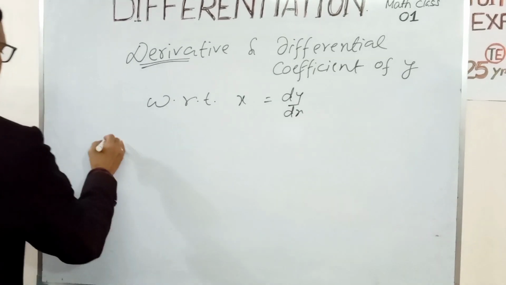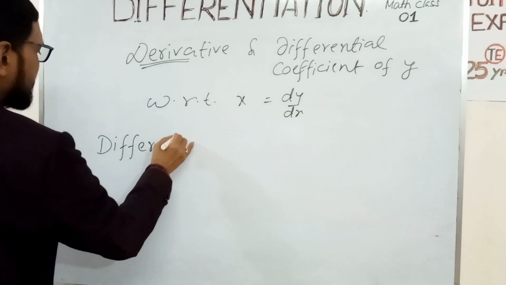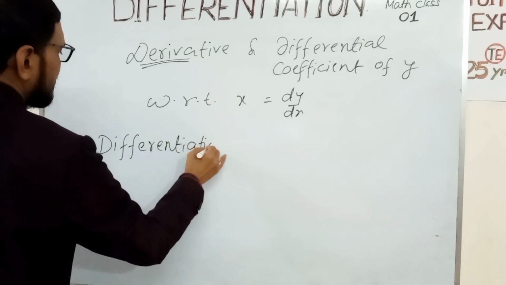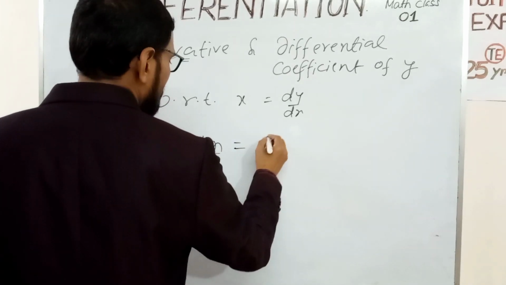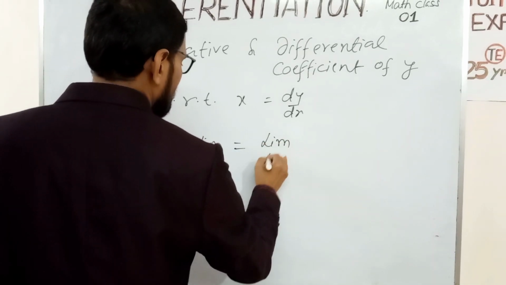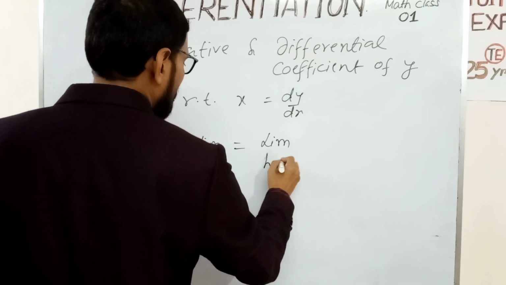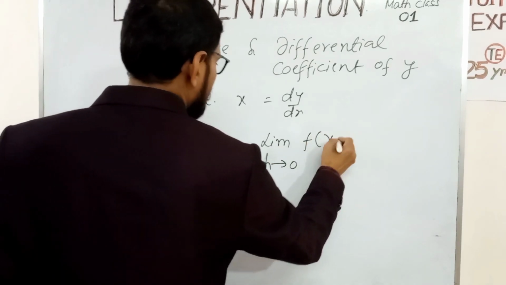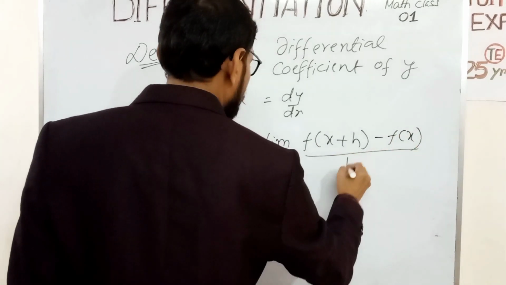Now what is the differentiation? What is the meaning of differentiation? Differentiation is the calculation of limit h tends to 0, f of x plus h minus f of x, by h.